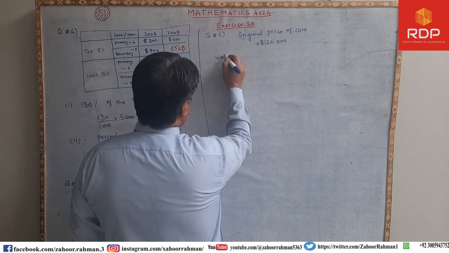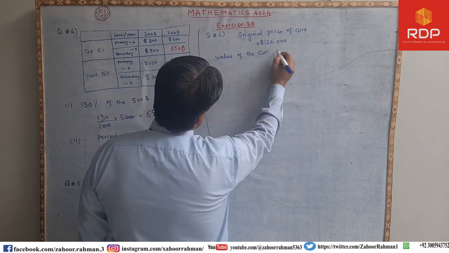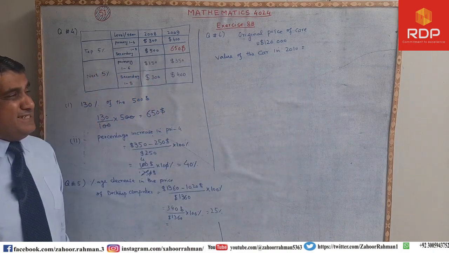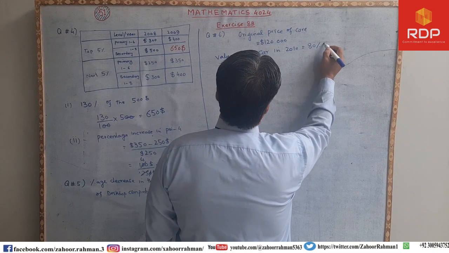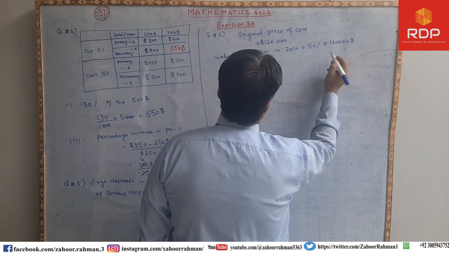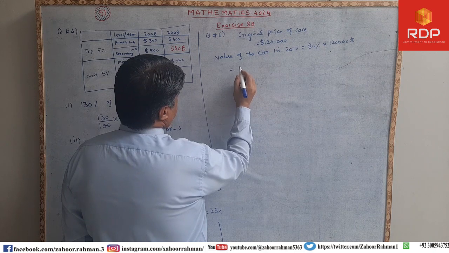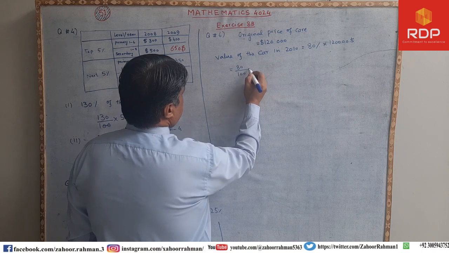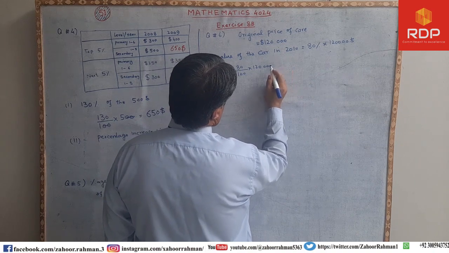Value of the car in 2010, because it is decreased 20%, so we have to write 80% of $120,000, which we can write as 80% of $120,000.